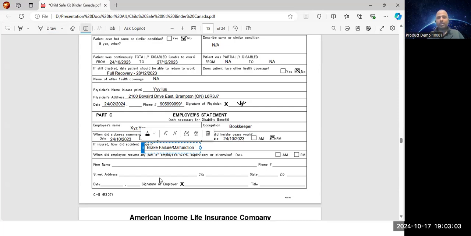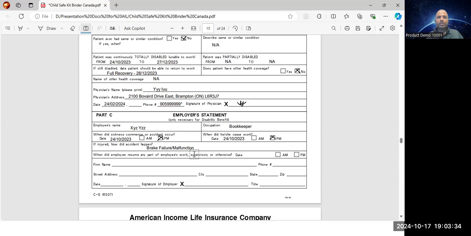As far as I understand, this information would be requested from the employee, or his or her medical and driving records, collision report, so on and so forth. It may also be requested from the police who were at the scene. Nevertheless, this is something that the employer has to arrange for.